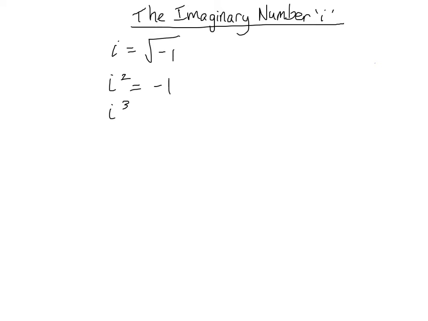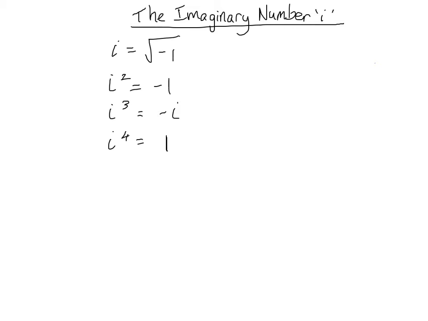So i to the third would be i squared, which we already know is negative 1, times i. So i to the third is negative i. And finally, i to the fourth is i squared times i squared, which is the same as negative 1 times negative 1. So i to the fourth is actually just 1.